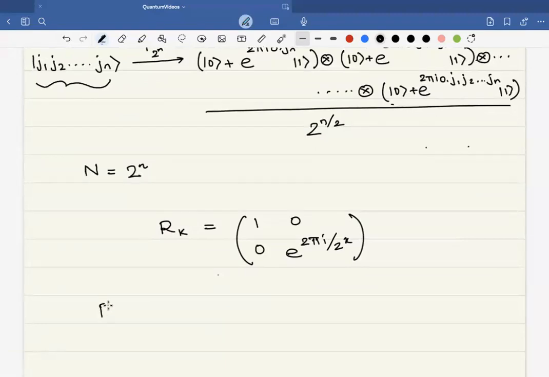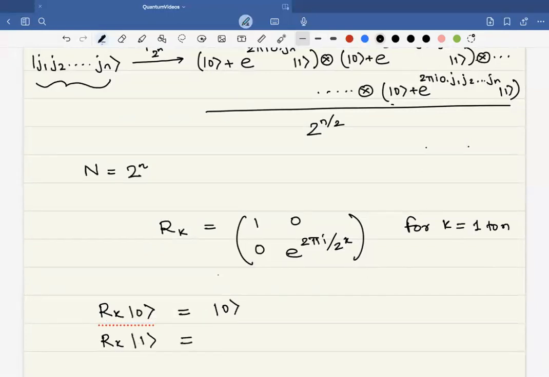These are several gates Rk depending on k equal to 1 to n. Rk acting on ket 0 just returns ket 0 itself. Rk acting on ket 1 multiplies it by e to the 2 pi i over 2 to the power k, ket 1.